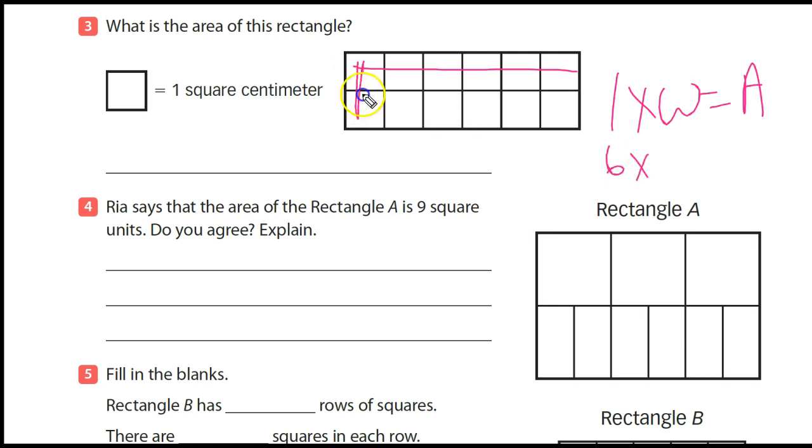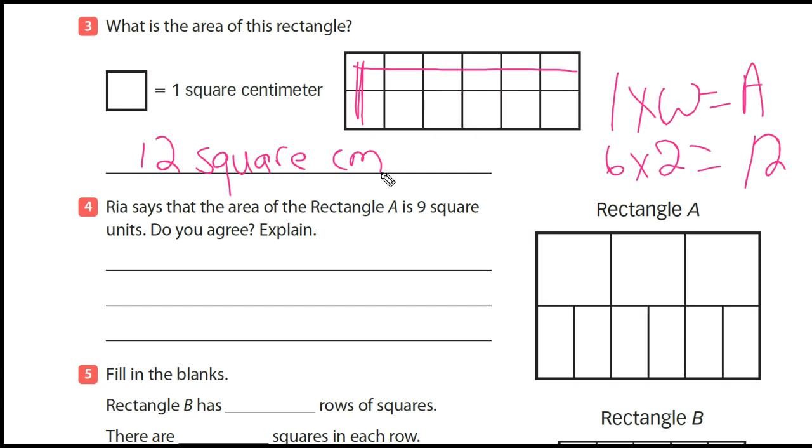And what's the width? 2. So 6 times 2 is 12. So it's 12 square centimeters. I'm going to do cm for centimeter.